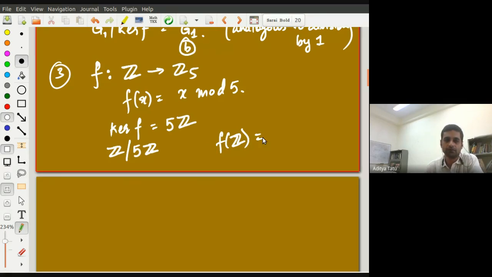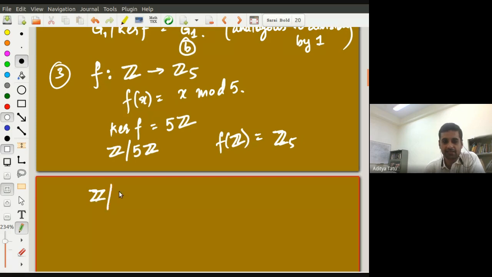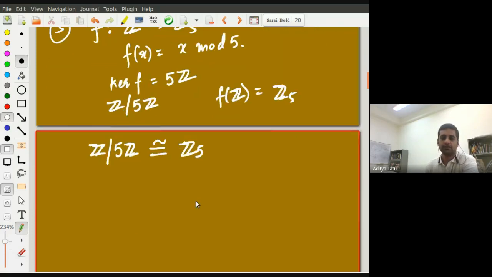That is Z5. F(Z) is Z5, right? It's an onto homomorphism, isn't it? So what the first isomorphism theorem says is that Z quotient with 5Z is isomorphic to Z5.